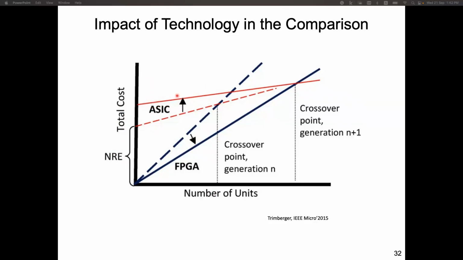So the cost per unit is smaller. Now for FPGA, for the newer generation N+1, the cost per unit also reduces.